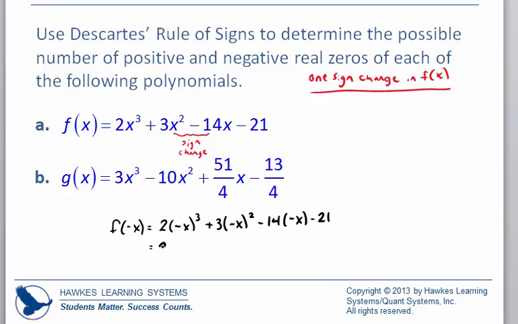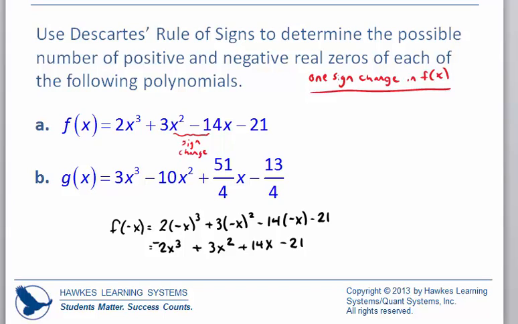We're going to have 2. Negative x to the third is going to be negative x cubed, so I'm going to put the negative in the front and the x cubed after the 2. We have 3, and then this negative x squared is going to become positive x squared. A negative 14 times a negative x will be a positive 14x, and then minus 21.